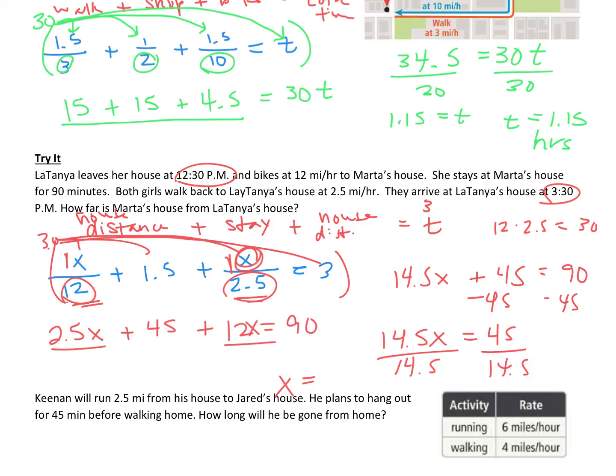And then x equals, so when you divide that on your calculator, you get a decimal number. So we'll just round about 3.1. I'm just rounding to the nearest tenth. Now remember, x was representing the distance between their houses. So how far is Marta's house from LaTanya's house? It's about 3.1 miles. That's what we just figured out.